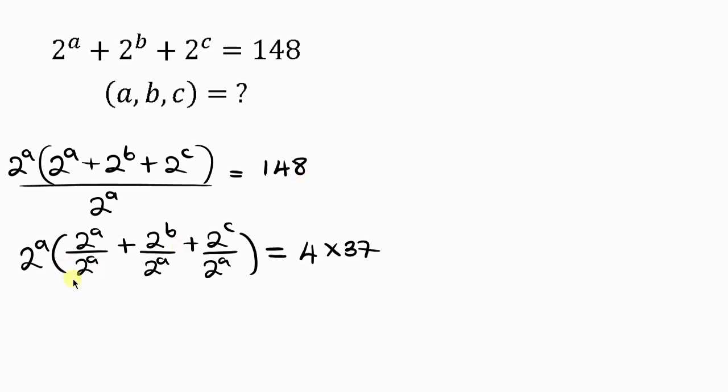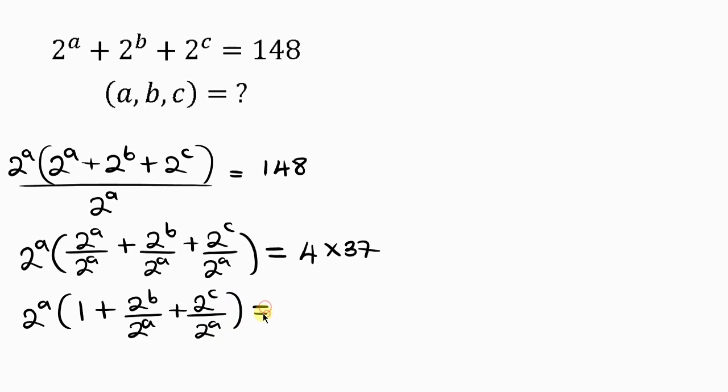The left-hand side simplifies into 2 to the A times the bracket: 1 plus 2 to the B divided by 2 to the A plus 2 to the C divided by 2 to the A, equal to, now 4 is the same as 2 squared, times 37.